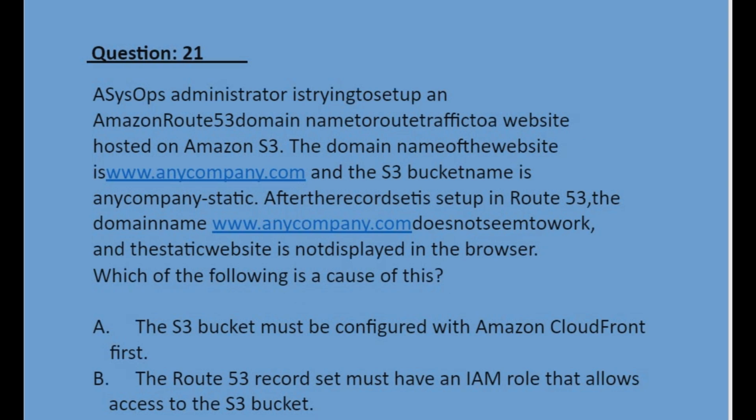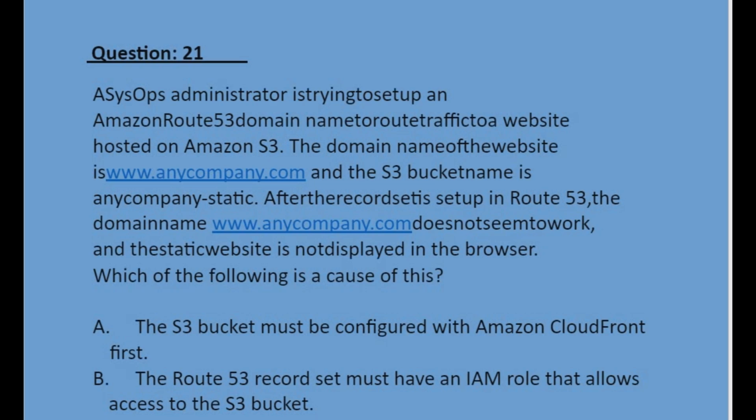Question is, a SysOps administrator is trying to set up an Amazon Route 53 domain name to route traffic to a website hosted on Amazon S3. The domain name of the website is www.anycompany.com and the S3 bucket name is anycompany static.